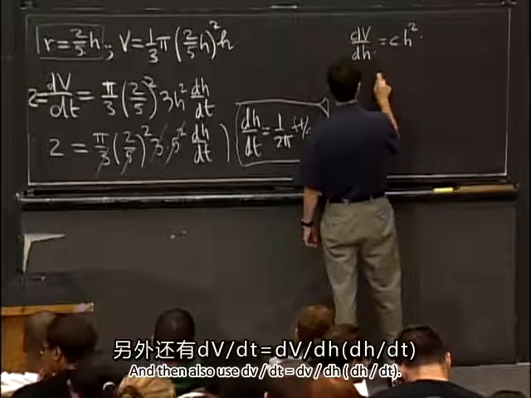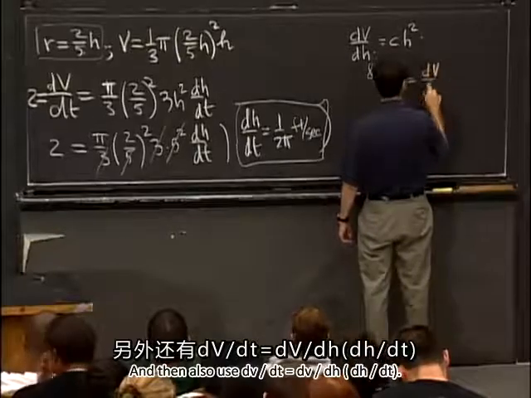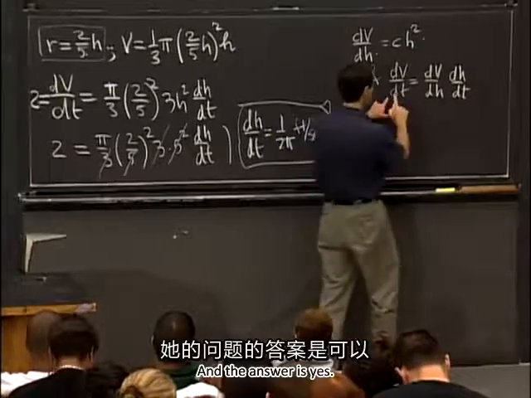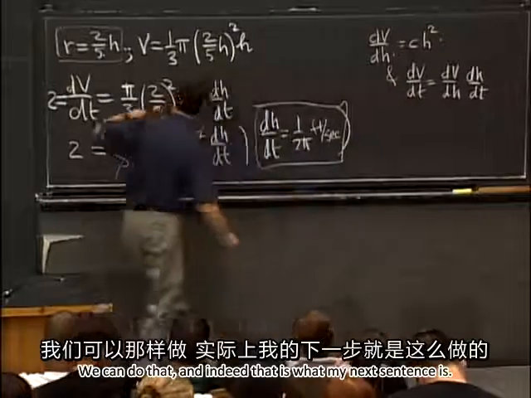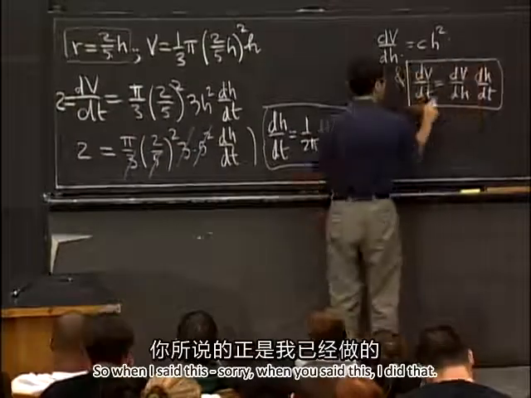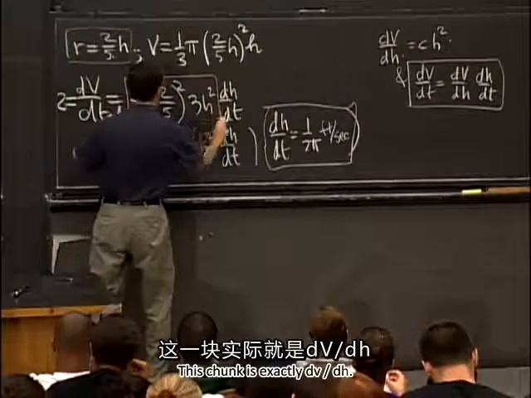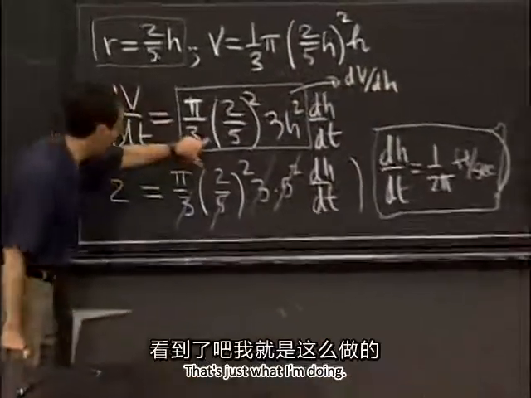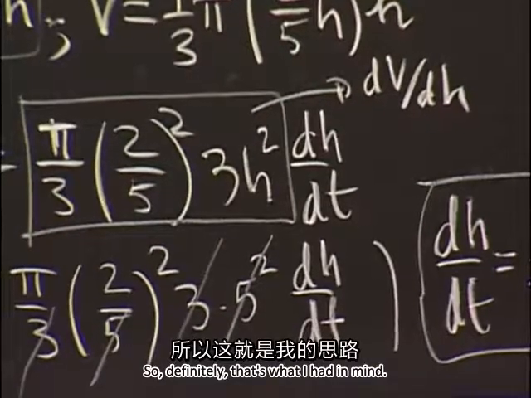And then also use dV/dt is equal to dV/dh times dh/dt, which is the chain rule. Okay? And the answer is yes, we can do that. And indeed, that is what my next sentence is. That's exactly what I'm saying. So when you said this, I did that. This chunk is exactly dV/dh. That's just what I'm doing. Okay? So definitely, that's what I had in mind.